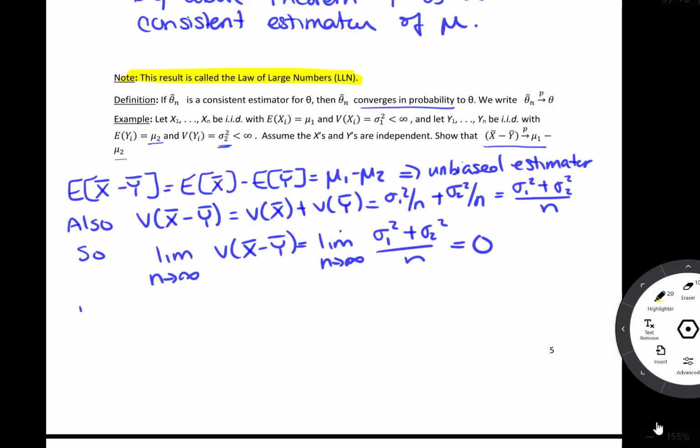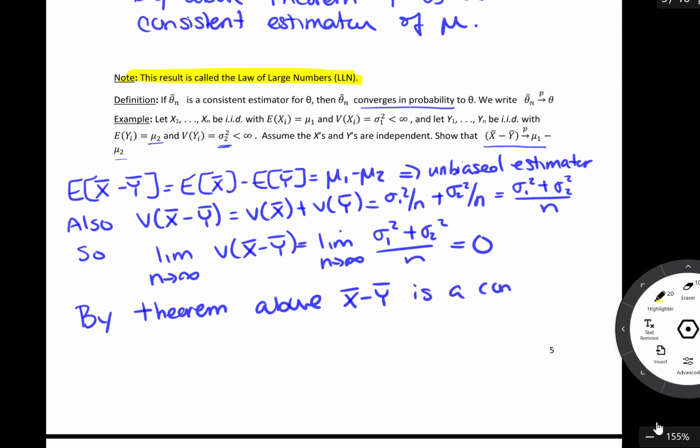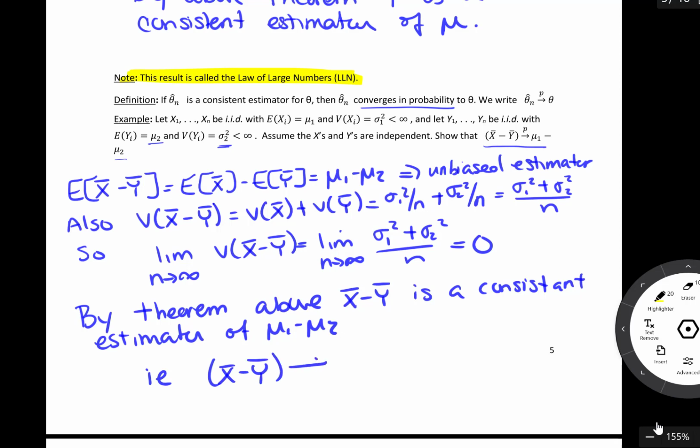So again, by the theorem above, x bar minus y bar is a consistent estimator of mu1 minus mu2. So in other words, we're saying that x bar minus y bar converges in probability to mu1 minus mu2.